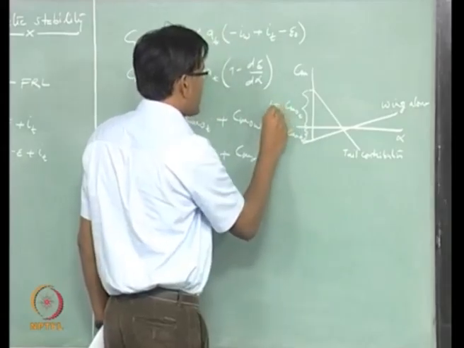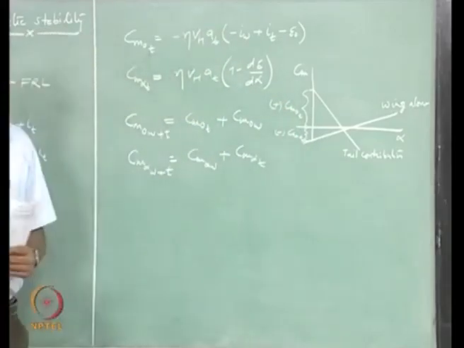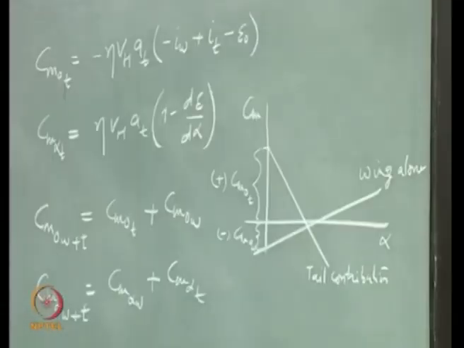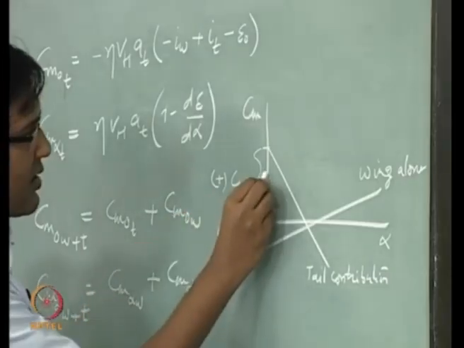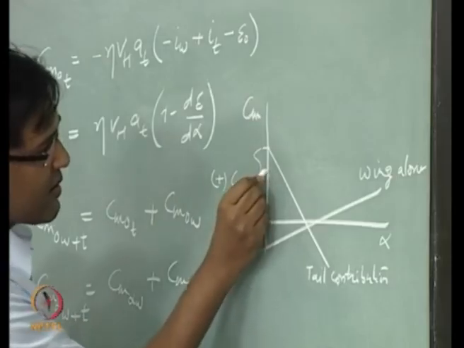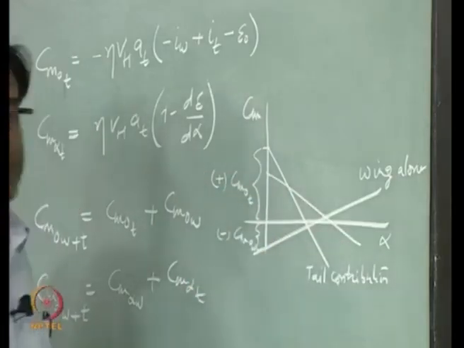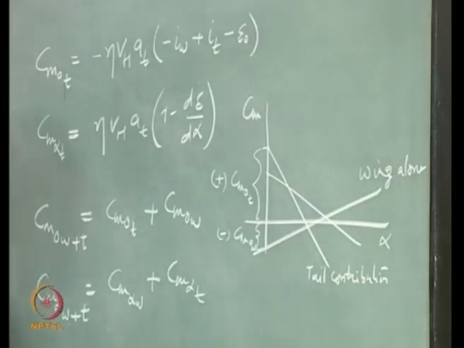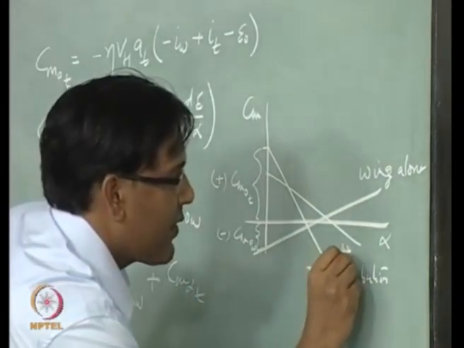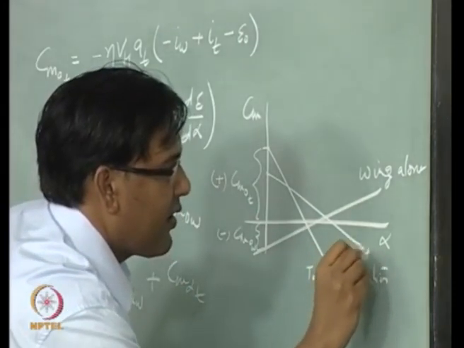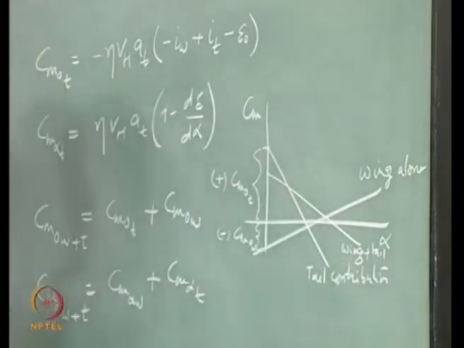And this has to be positive, right. So finally, for this wing tail airplane configuration, what you would get is something like this, right. Wing plus tail.